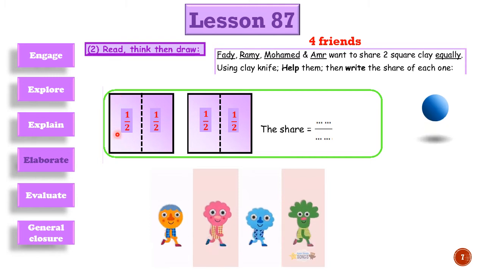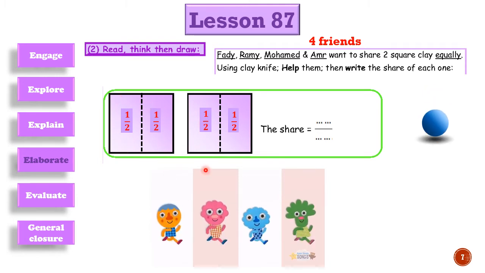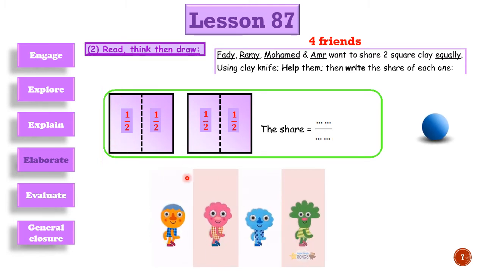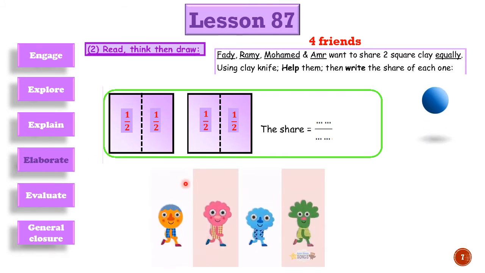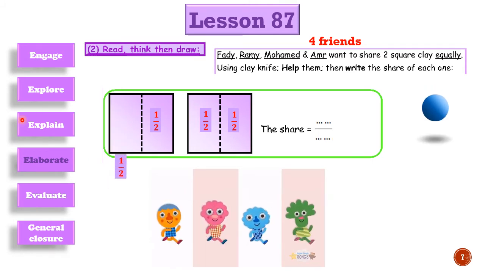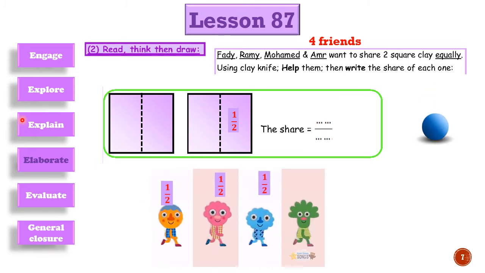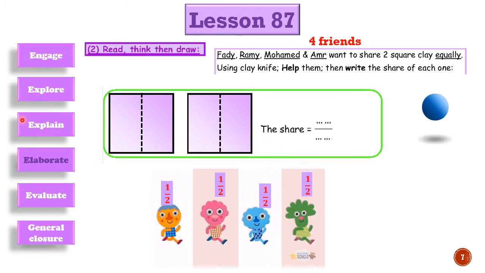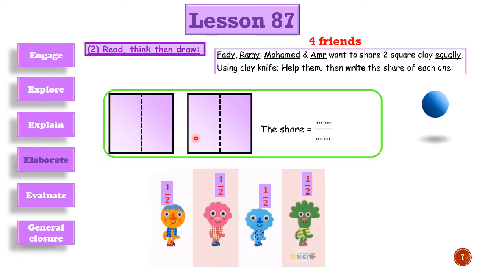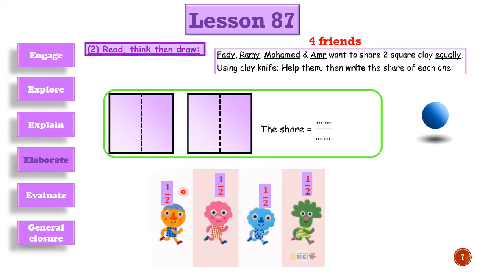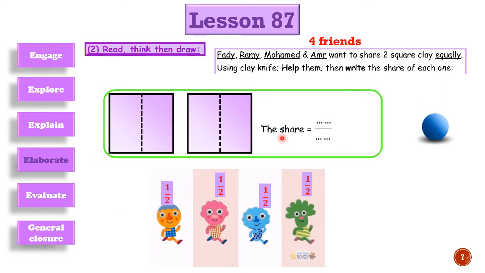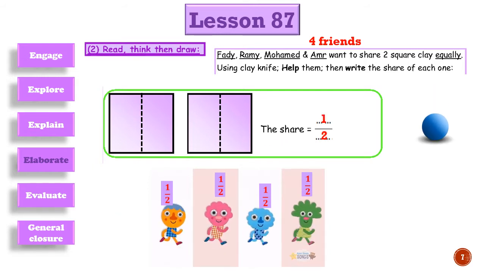Good job. This part is called half, half, half, half. Then we have how many halves here? 4 halves. If I give the first one to the first friend, and the second one, and the third one, and the fourth one, is anyone left? No, then we divide it equally among them. Then the share of each one will be half.